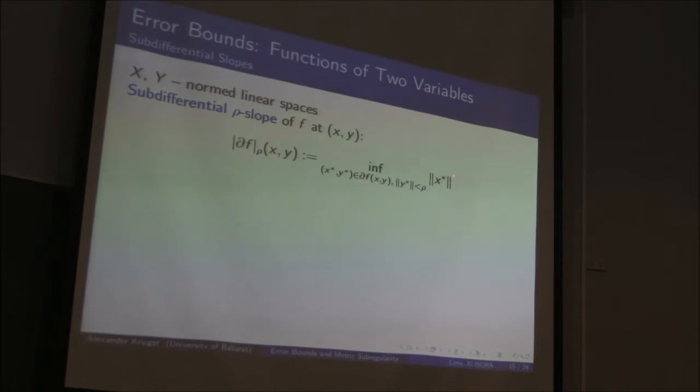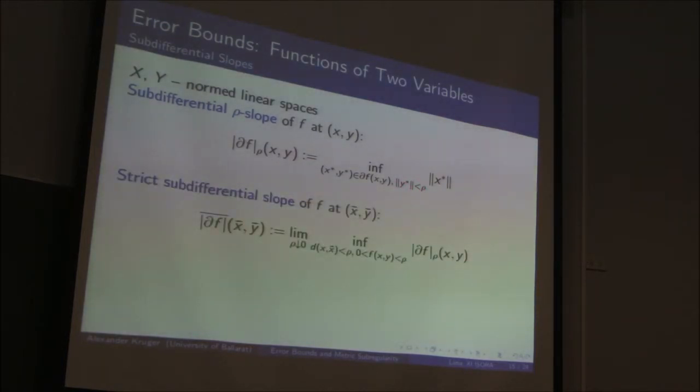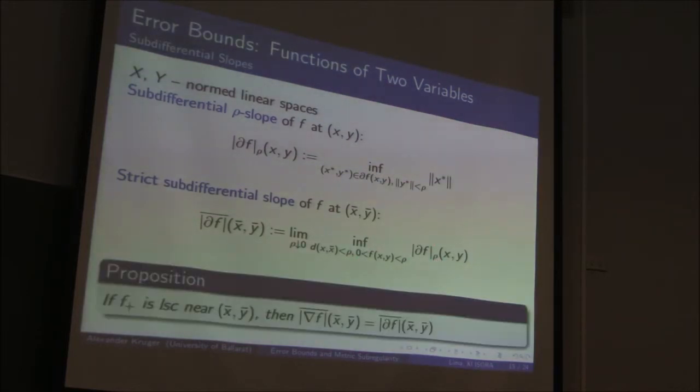We are looking for infimum only of the norm of the first component, assuming that the second component is small, up to rho. So having this, we define the strict subdifferential slope in the usual way. Again, the same combination, and rho is also here.